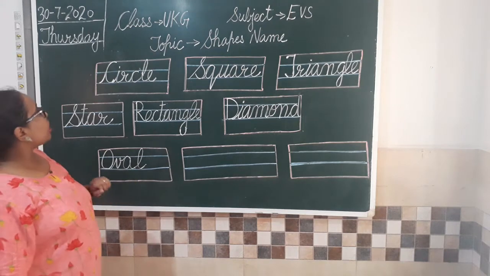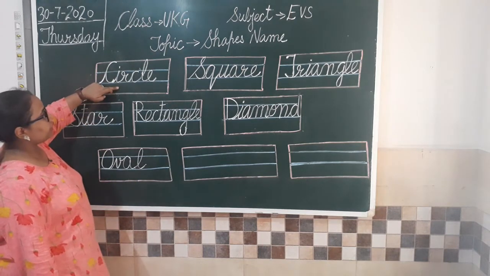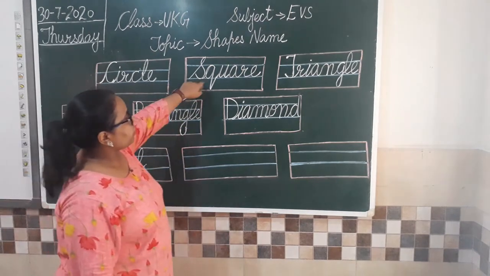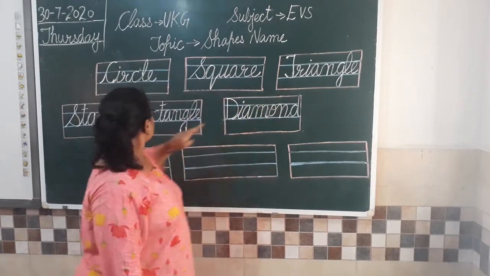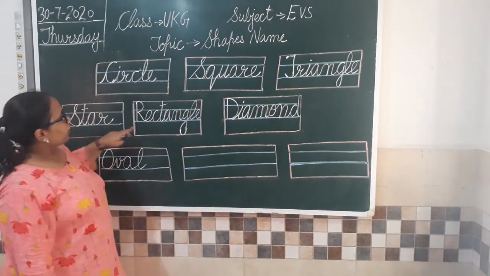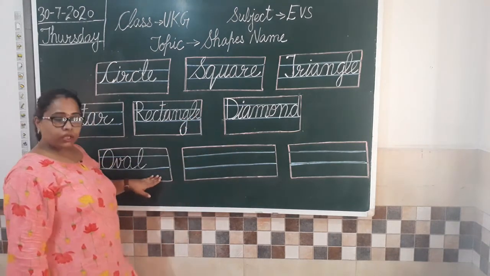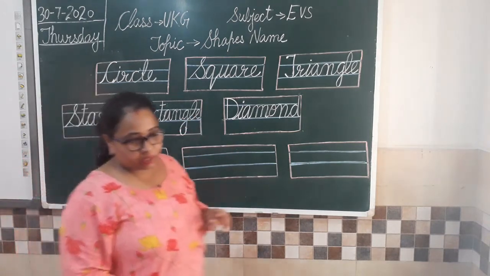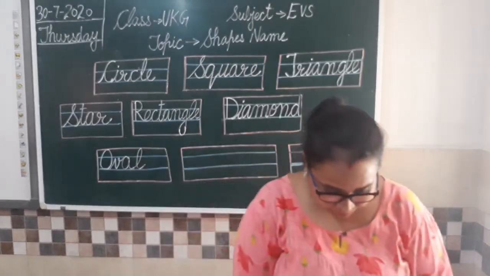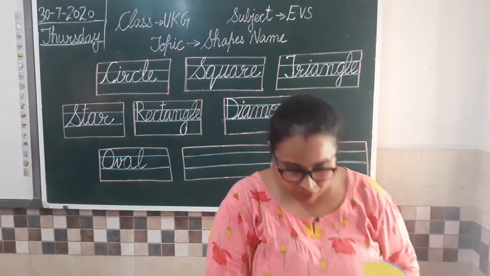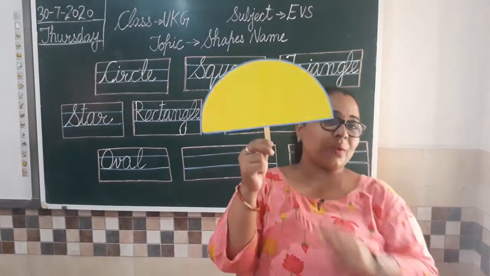So let's see which all shapes we have written. Circle, square, triangle, star, rectangle, diamond, oval. Now it's time for the next shape. Here it comes. This one. Yes. What is this?